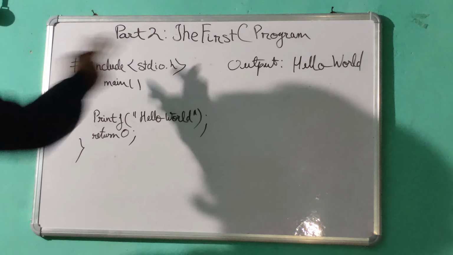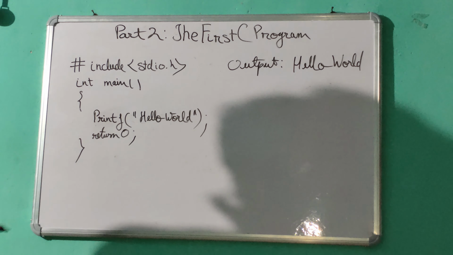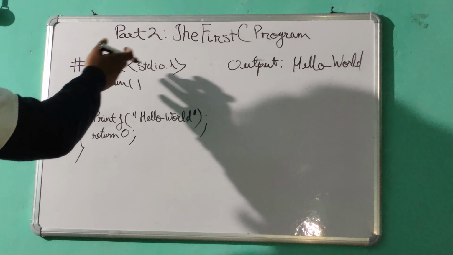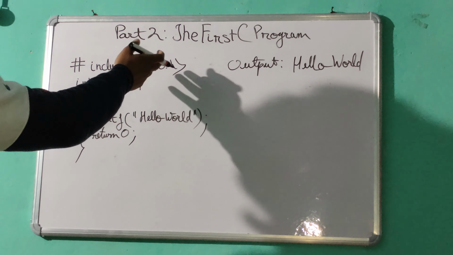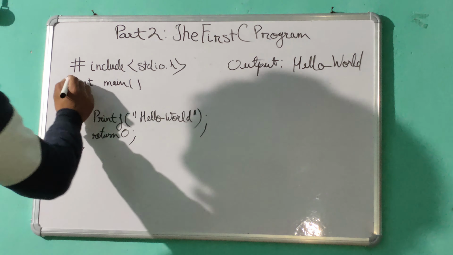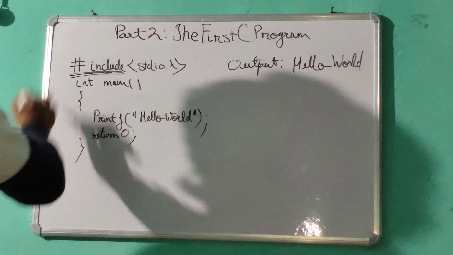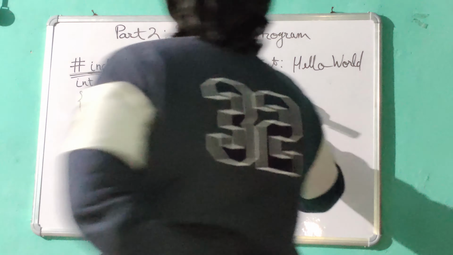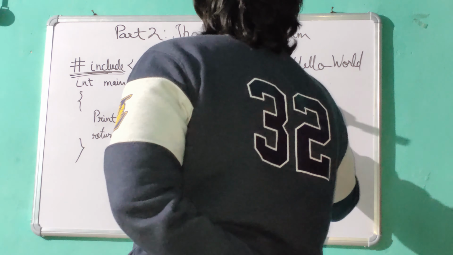When we read the first line, the first question arises: what is this hash? What is this include? What is this stdio.h in these symbols? Let me write it here: hash include.